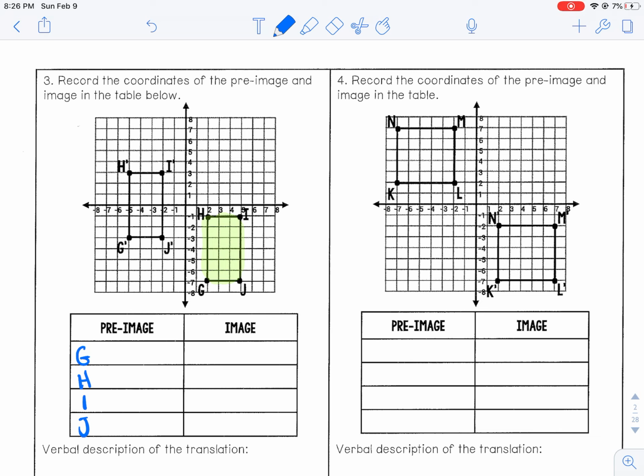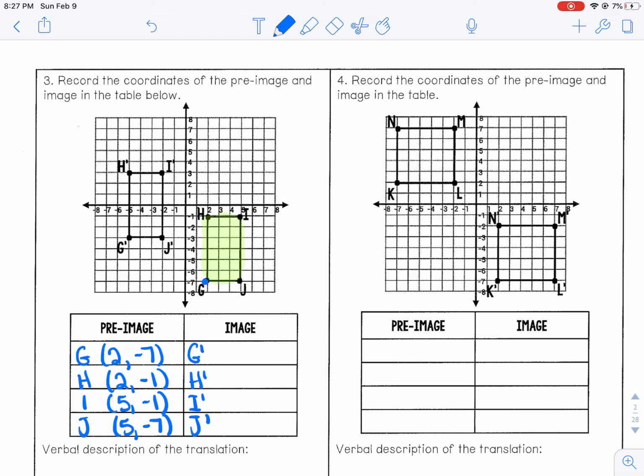Okay, so G is at point 2, comma, -7. H is at 2, comma, -1. I is at 5, comma, -1. And J is at 5, comma, -7. Okay. All right, so now let's take a look at the result, the image. And that's going to be G prime, H prime, I prime, J prime. You have to go in the same order that you did for your pre-image.